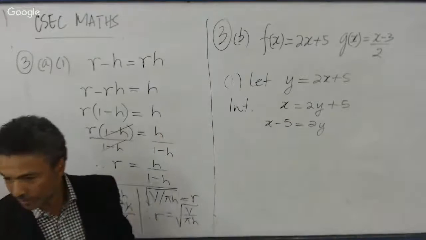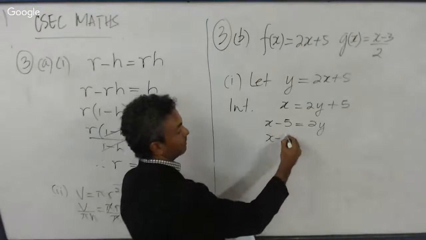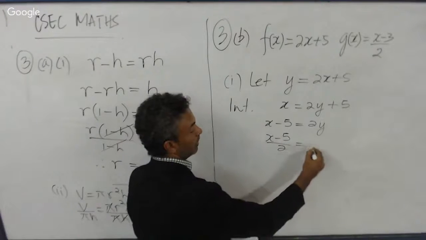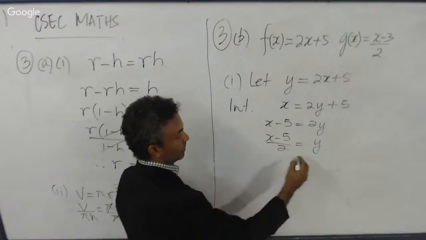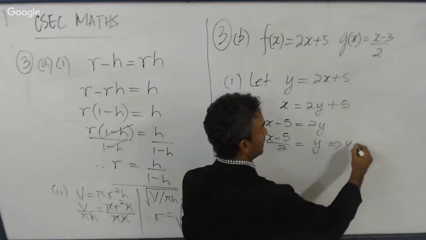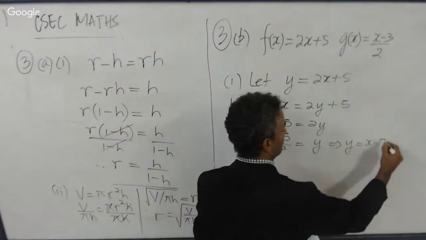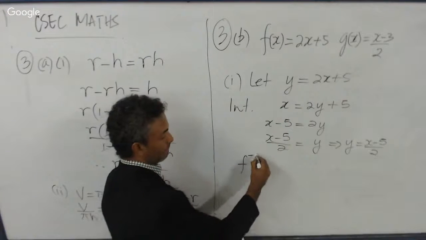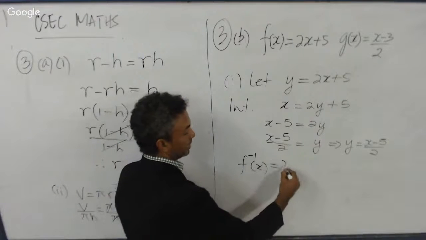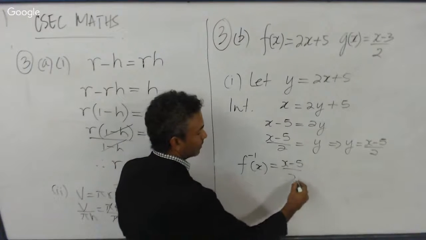Divide both sides by 2. X minus 5 over 2 equals y. So the inverse is x minus 5 over 2.